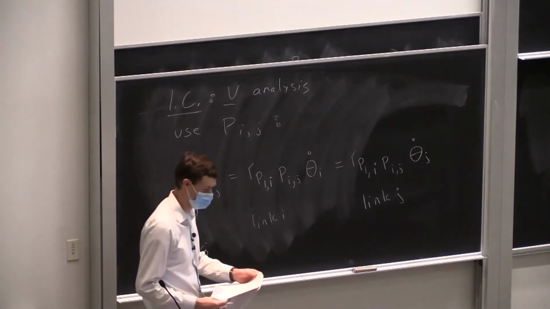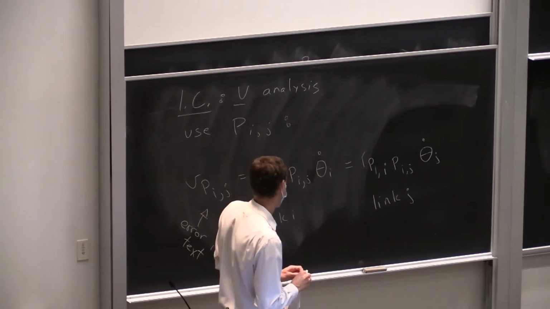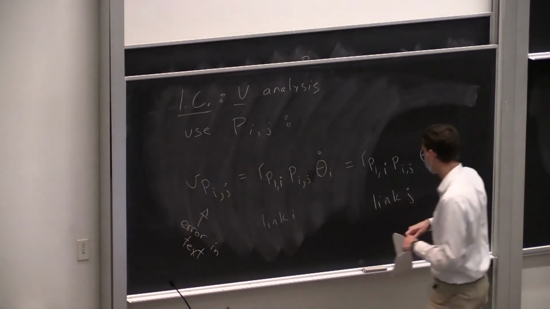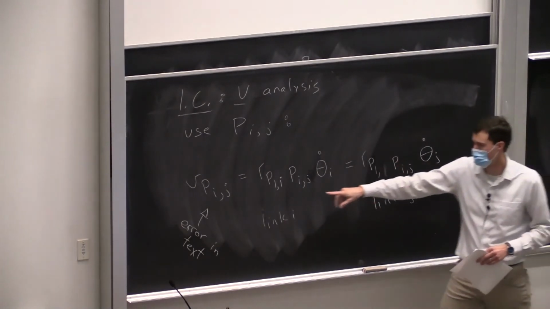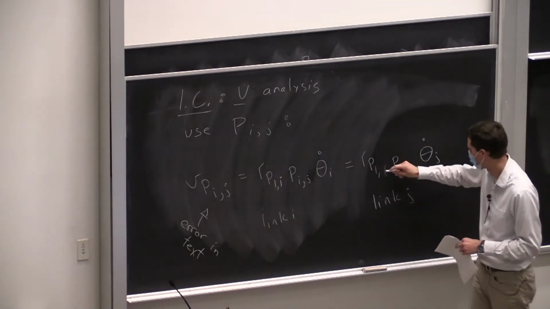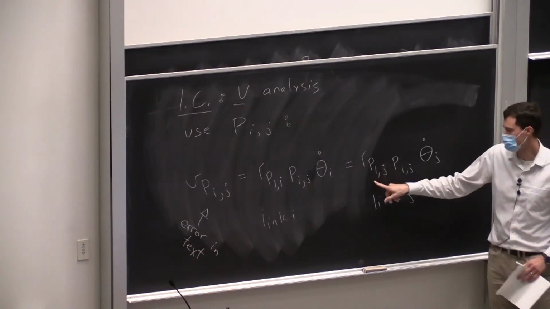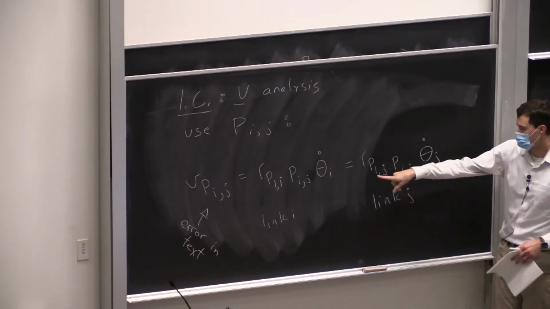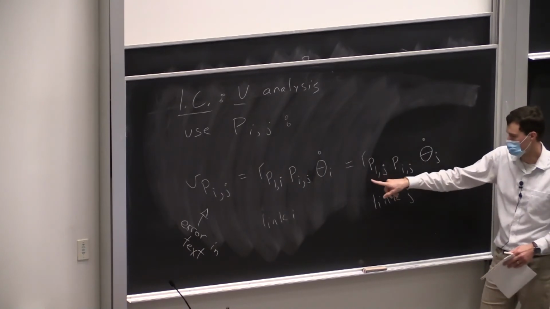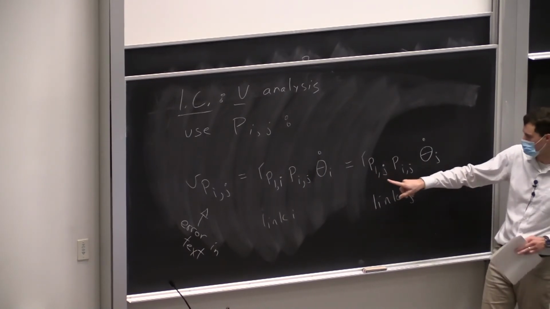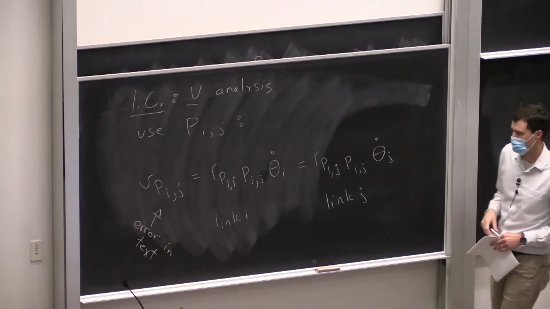Yeah? That's P1j, right? Oh, yeah. Here, I'm making fun of the book, and I made a mistake myself. P1 comma j, because this is link j. So it's the distance between its rotation point, P1j, and our point of interest.